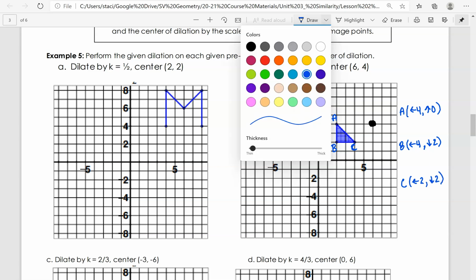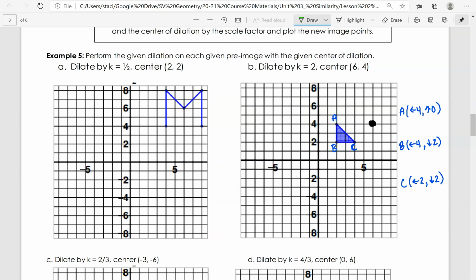So when I want to perform my dilation where my scale factor is 2, I'm going to take all of these distances and multiply them times 2. So for A prime, I'm going to go left 8 and up 0. 4 times 2 is 8, 0 times 2 is still 0, but I'm going to go that distance starting from the center of dilation.